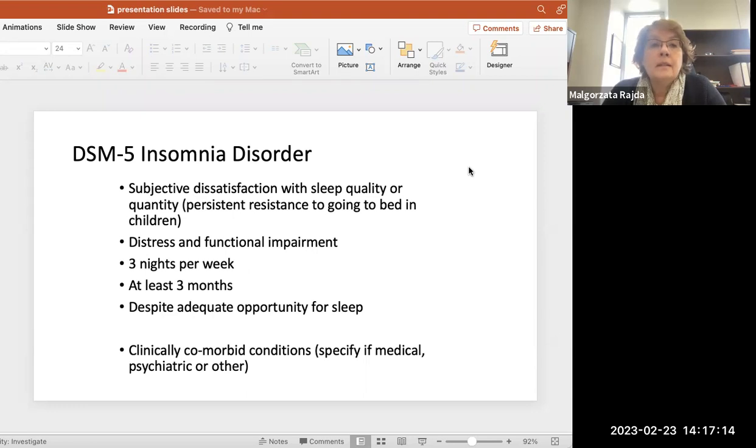At present, clonazepam is recommended first-line treatment, but we do have to monitor daytime sedation. And REM behavior disorder, as the name indicates, occurs during REM sleep.